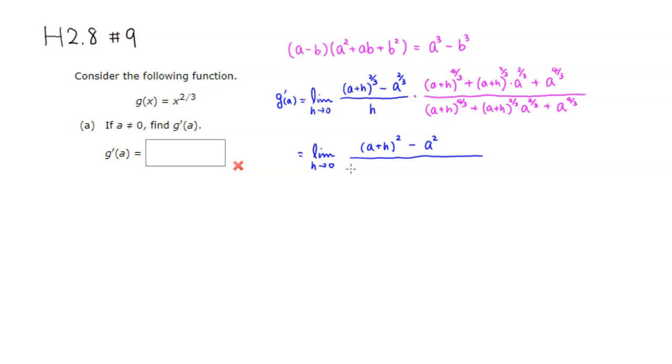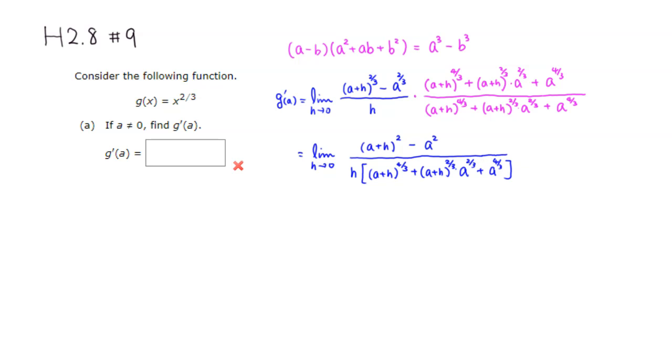On the bottom it's going to be a little bit ugly, we just have to copy that: quantity a plus h to the 4/3 power plus quantity a plus h to the 2/3 power times a to the 2/3 power plus a to the 4/3 power.